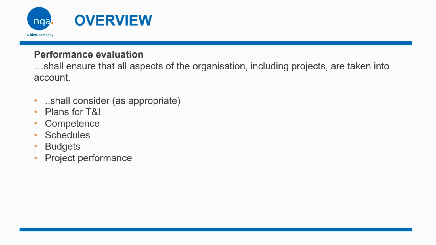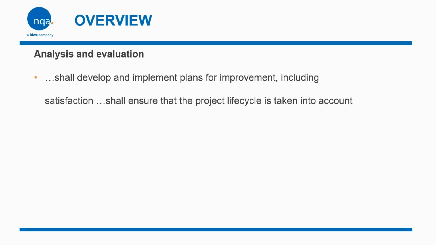These examples highlight crucial indicators of the impact of a project on an organization's success. Ongoing analysis and evaluation drive the organization forward towards better outcomes. Considering satisfaction and life cycle aspects can ensure improvements that are comprehensive and sustainable.